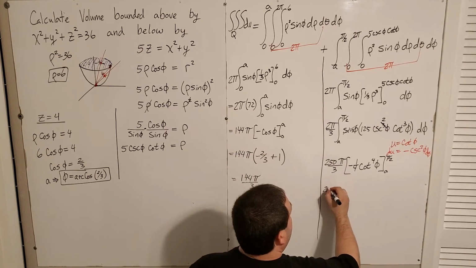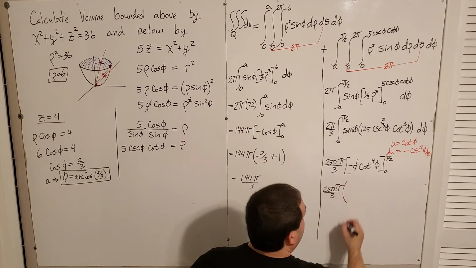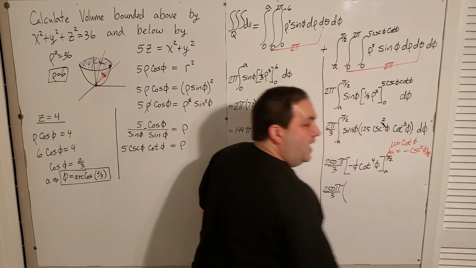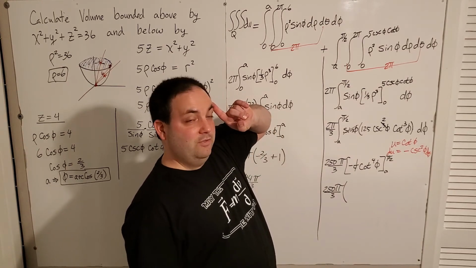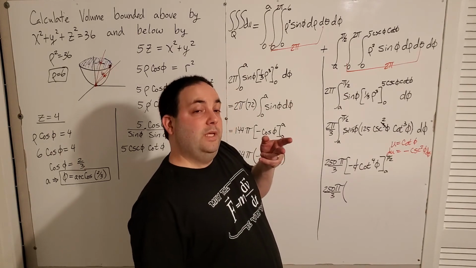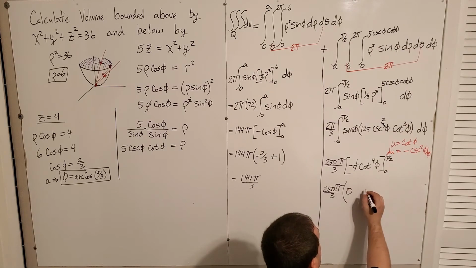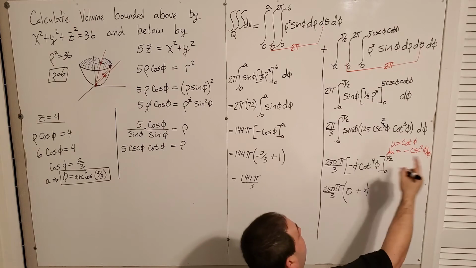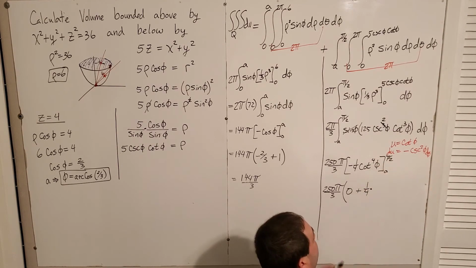So I've got 250 pi over 3 times. If I plug in pi over 2, cotangent of pi over 2, think really hard, tangent of pi over 2 is undefined, cotangent of pi over 2, the reciprocal, would have to be 0, right? So I've got 0 minus a negative, so plus 1/4 times whatever cotangent to the 4th of A is.